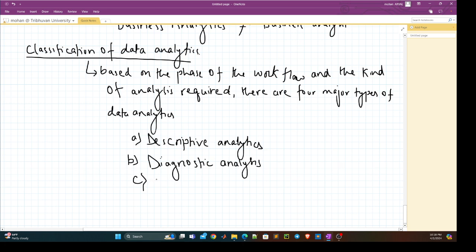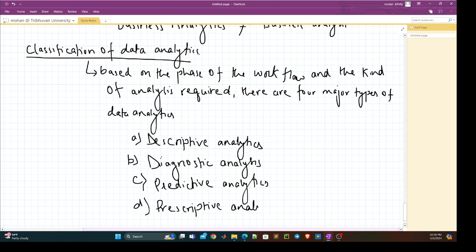Third one is going to be predictive analytics. And the fourth one is going to be prescriptive analytics.